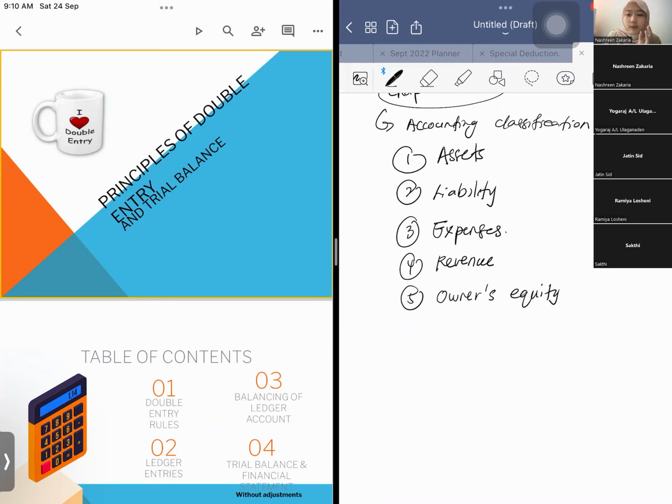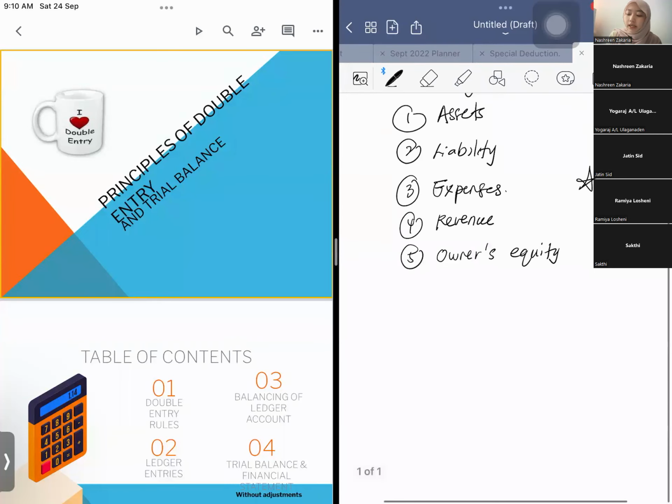If you don't know these 5 elements, it's hard for you to continue to prepare journals, T accounts, recognizing the effect and everything. So these 5 elements are a basic and important thing in accounting. So this one I highlight here, important.